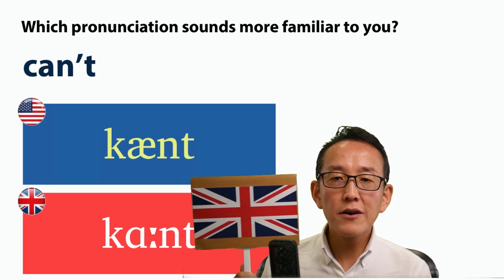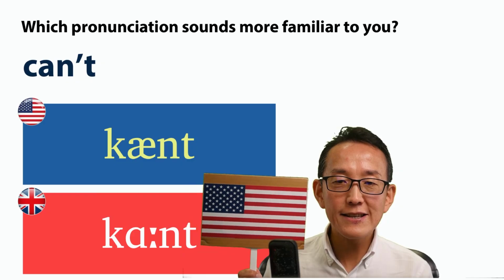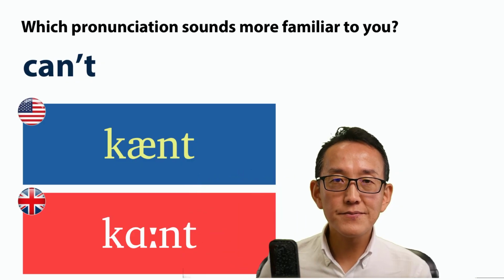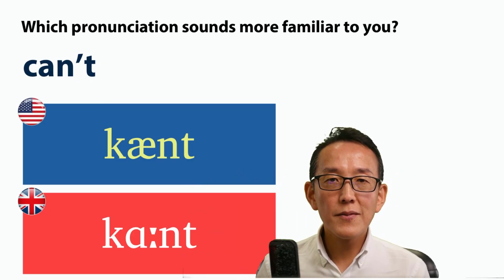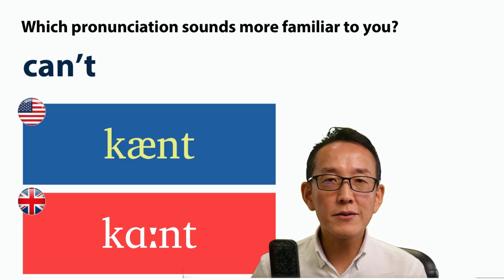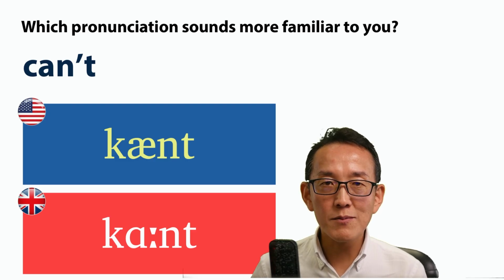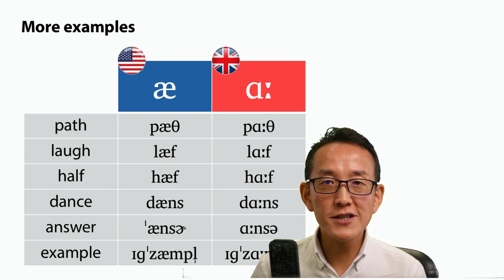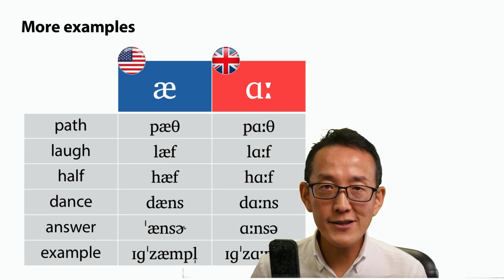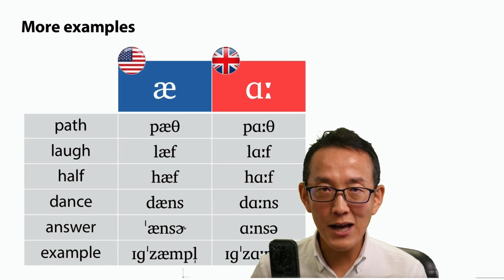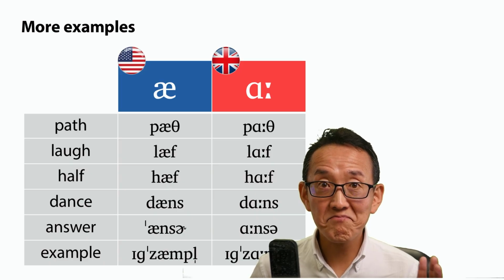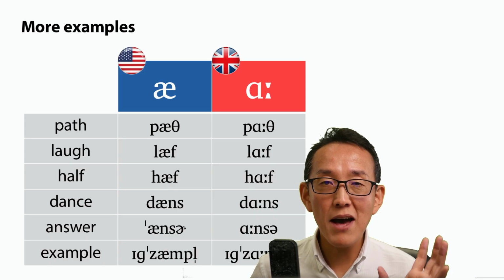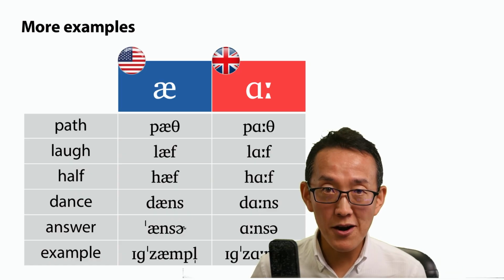Again, we need to be a little bit careful here. Not every American A becomes R in British English. For example, words such as dad, gas, hand, cap, happy, apple, and so on, they basically have A in both varieties.